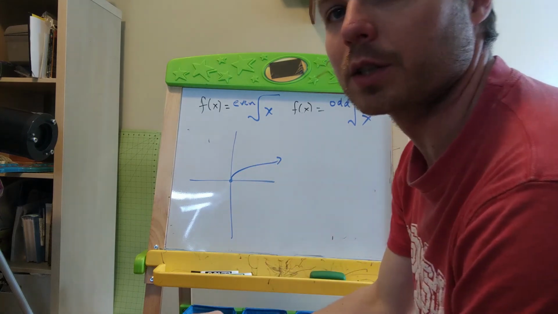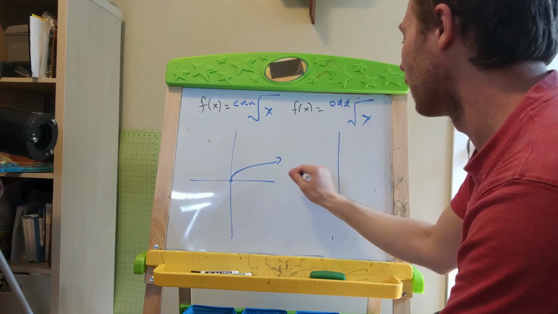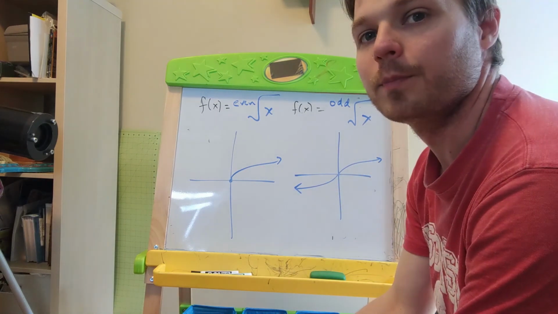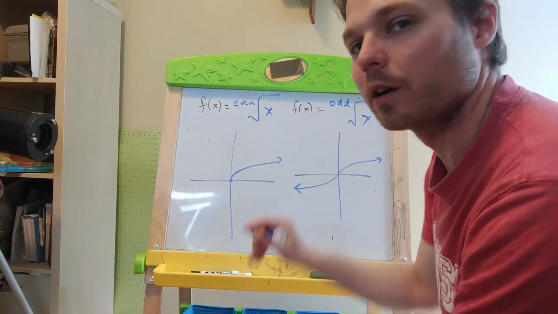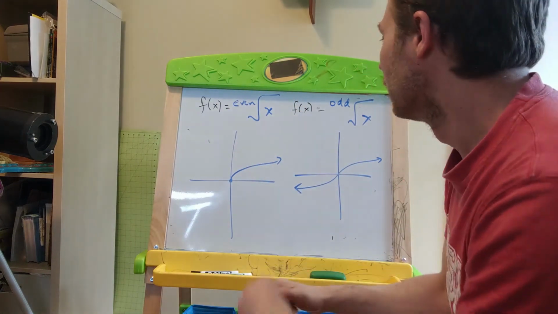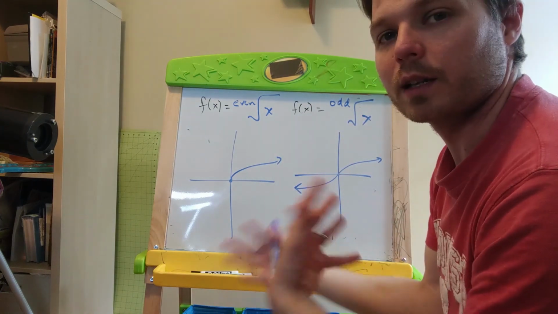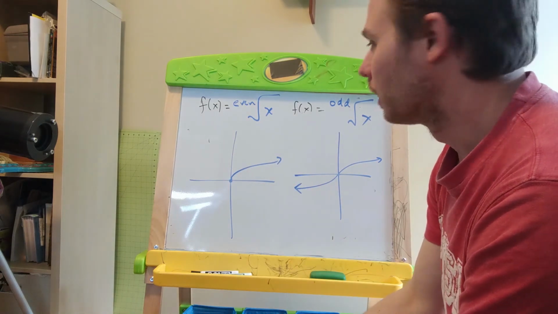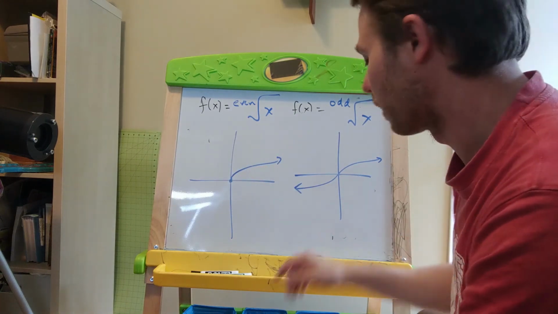There are going to be some variations on it, but it has the basic shape of the square root graph, and then the odd ones are going to have the same basic shape as the cube root, and they just change in how steep or flat they are as they extend out. Okay, so they're actually pretty nice. If you're ever dealing with an odd root function, you automatically know that the domain is all real numbers. And if you're dealing with an even root function, it's going to have a restricted domain, so you have to figure that out.